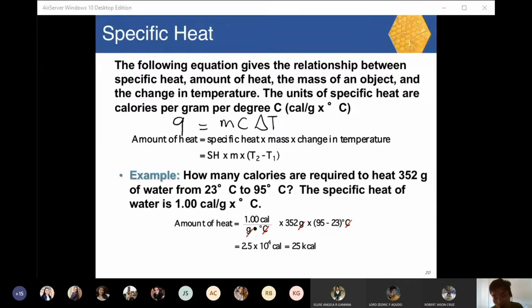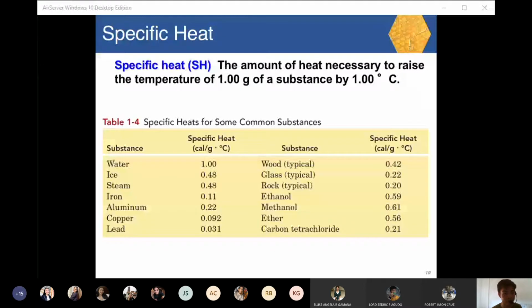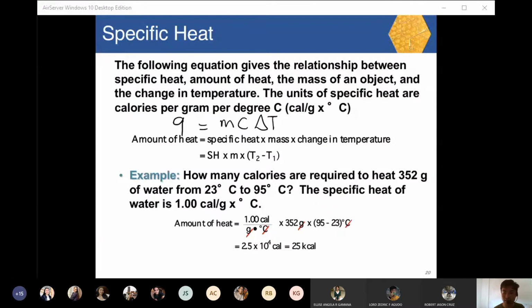If you want to measure heat, all you have to do is identify the mass of your substance. Then you multiply it by the specific heat. What is specific heat? It's different for every object. We'll look at this table. And delta T. What is delta T?